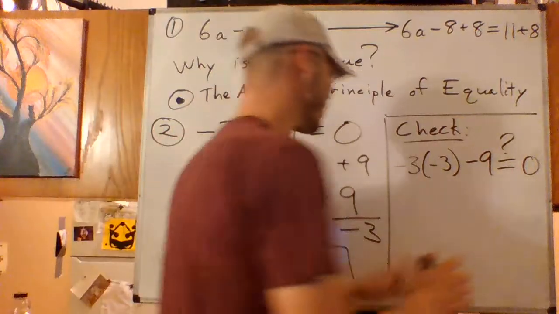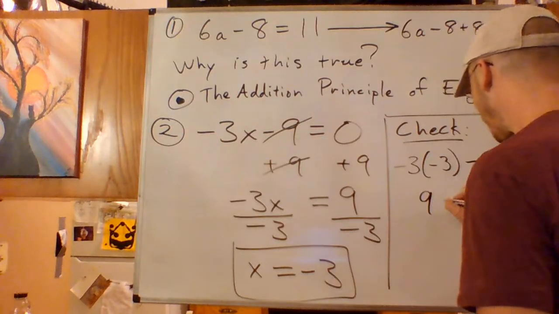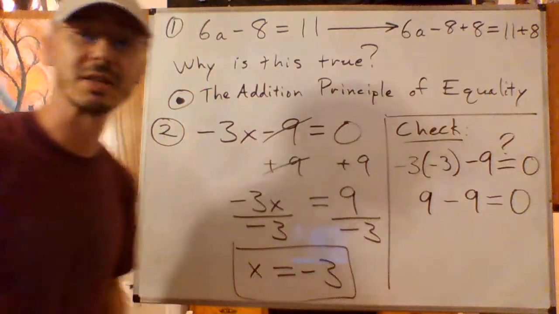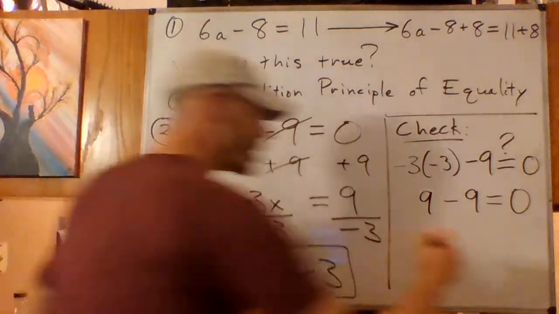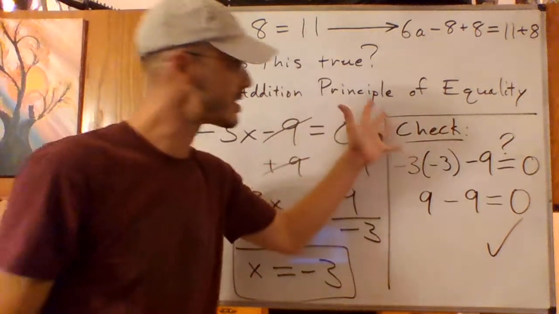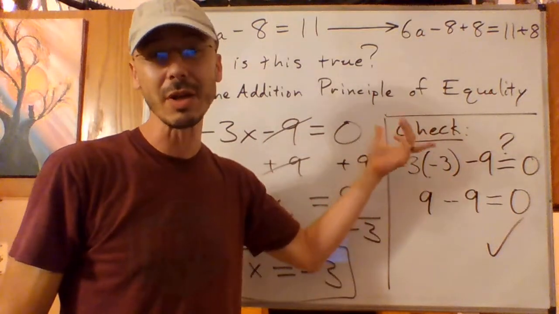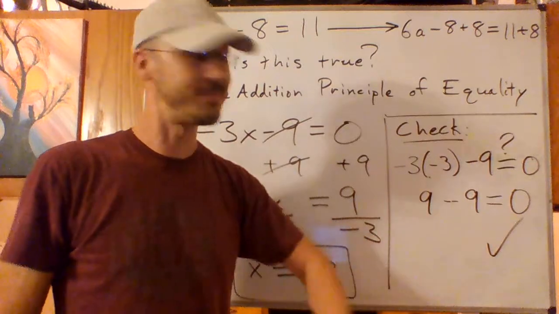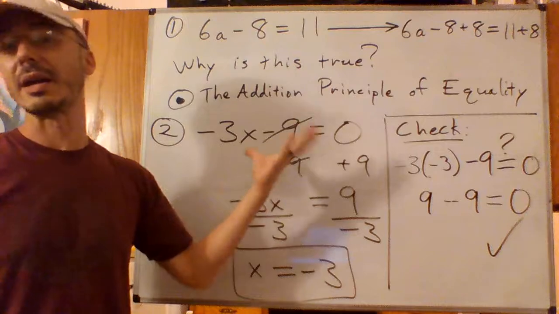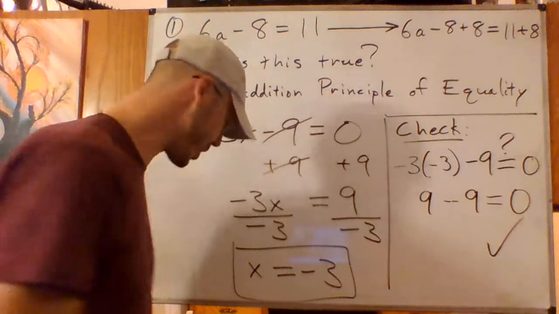It is equal to 0. If I do negative 3 times negative 3, that's 9. Minus 9 equals 0. And there's no question about that. 9 minus 9 is 0. So it checks out. And that's how I do my checks. I label them usually, and then I show, or if the check doesn't work, I need to go back and re-examine the problem, maybe try it again.